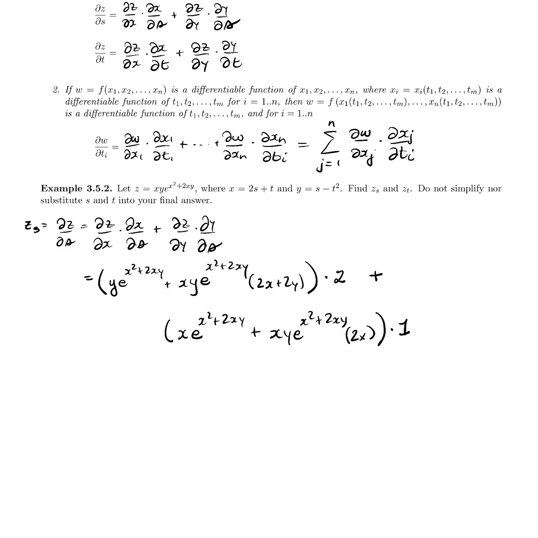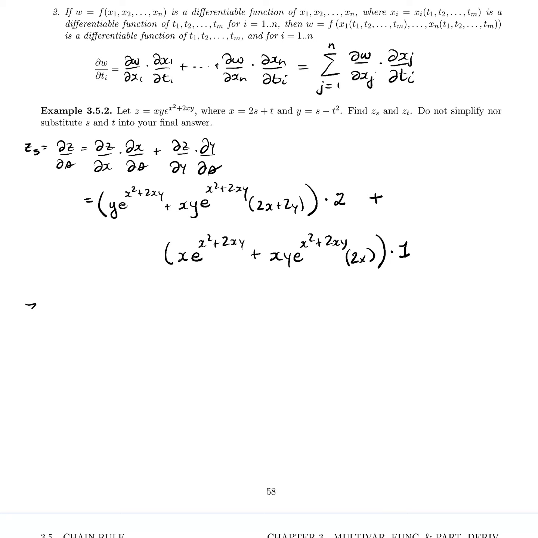If we want to find z sub t, well, that is del z del t, which bears some similarity. So we've got del z del x times del x, not del s this time, but del t, plus del z del y times del y del t.